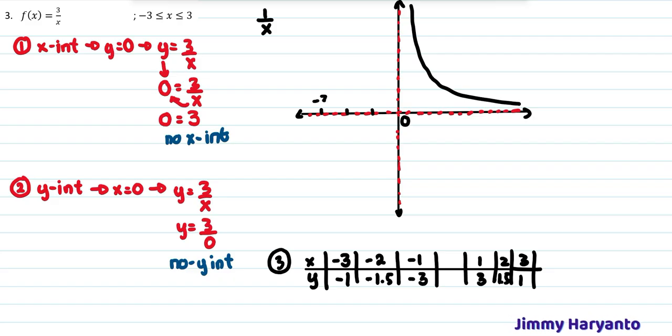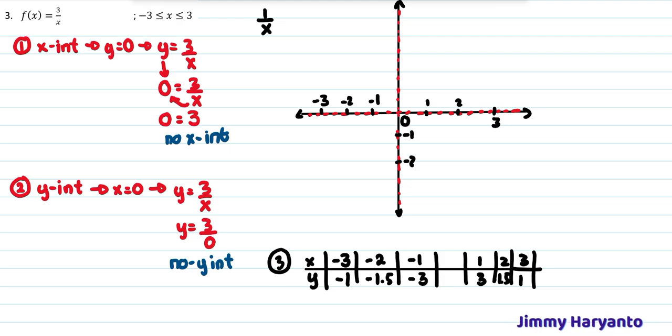Let's say -3 is right here, -2, -1, and then 1, and then 2, and then 3. And then we have -3 also for the result, -1, -2, -3. For this one it's only, oh no, same, 1, 2, 3.